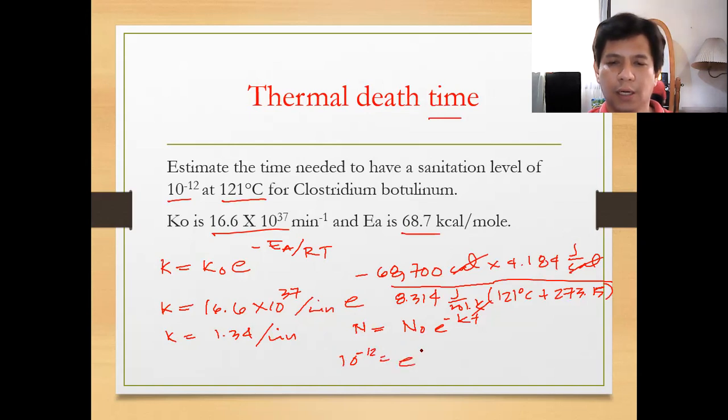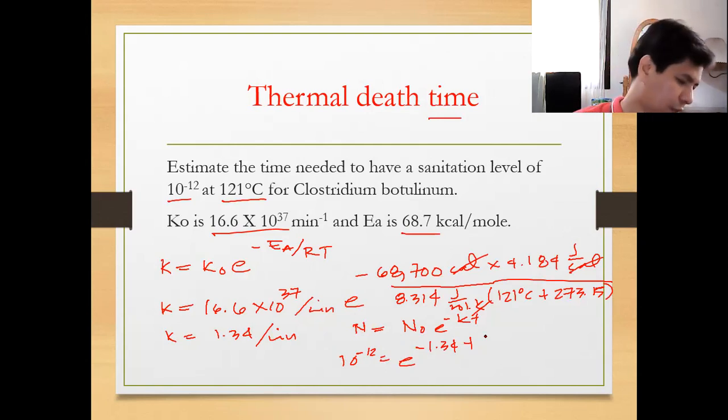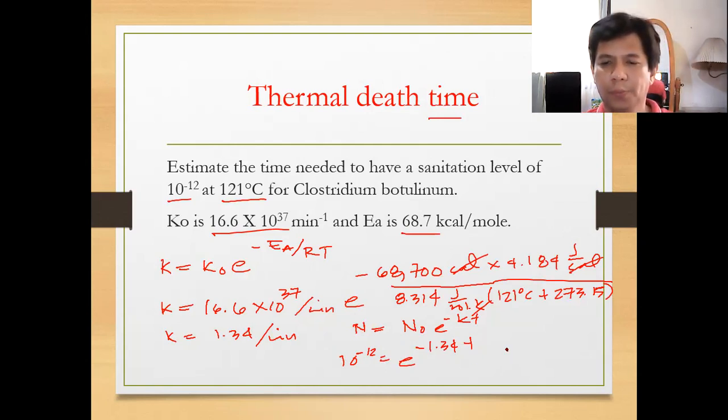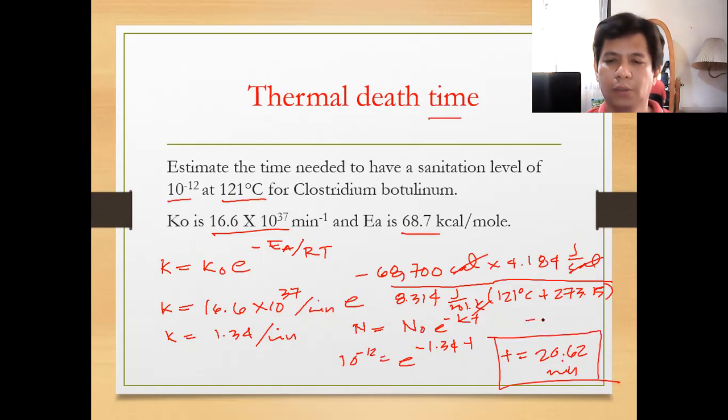E, ang ating K ay negative 1.34 per minute. Tapos, you can now calculate the time. So, using your calculator, tapos shift solve, you're supposed to get something like 20.62 minutes. So, this time, this is your TDT, thermal death time.